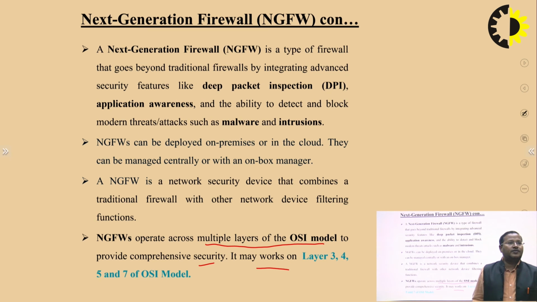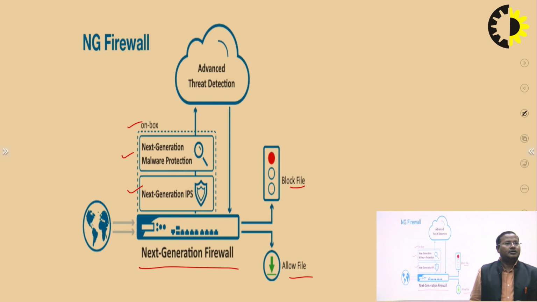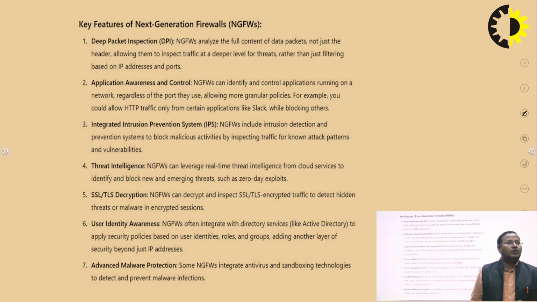A next generation firewall is a type of firewall that goes beyond traditional firewalls by integrating advanced security features like deep packet inspection. I already explained this. So what are the key features of a next generation firewall?